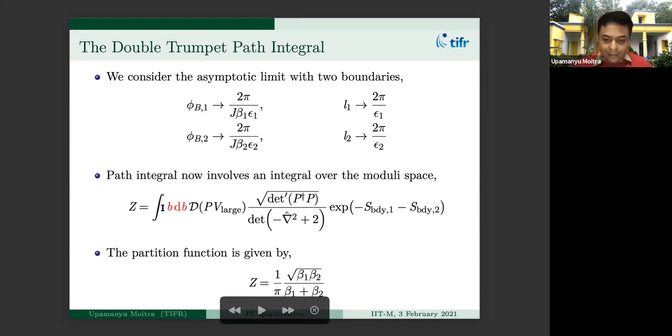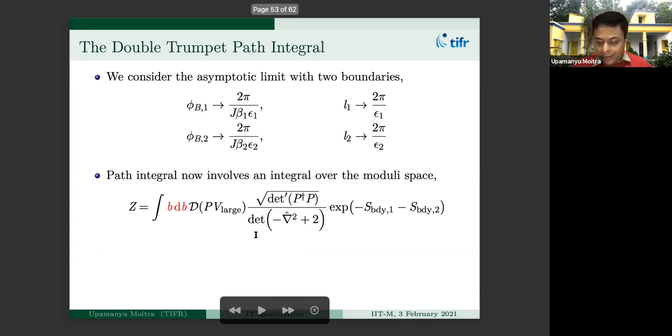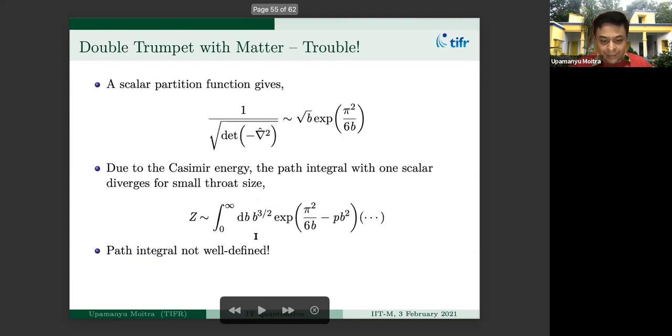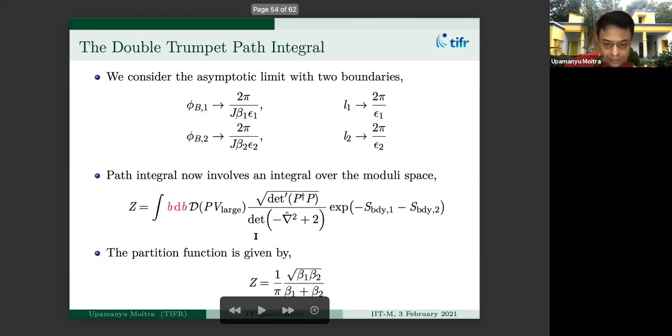When we compute the path integral, the partition function turns out to be given by this quantity, where beta 1 and beta 2 are what appeared in the expressions involving the dilaton. And this is indeed the expression that Saad, Shenker, and Stanford get, up to some overall constant that we did not care about.